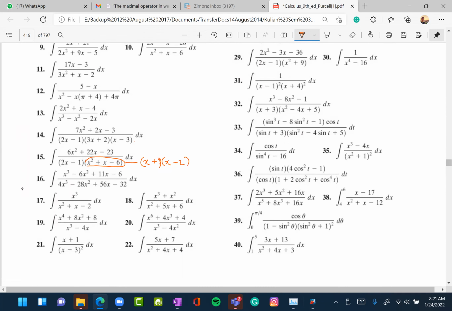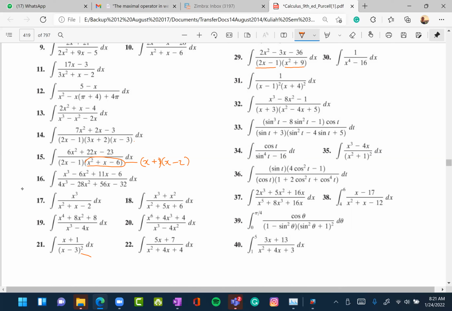But what about this? This is the case of repeated factors, repeated linear factors. Let's see. This is a linear factor. This is a quadratic, which you cannot factor anymore.